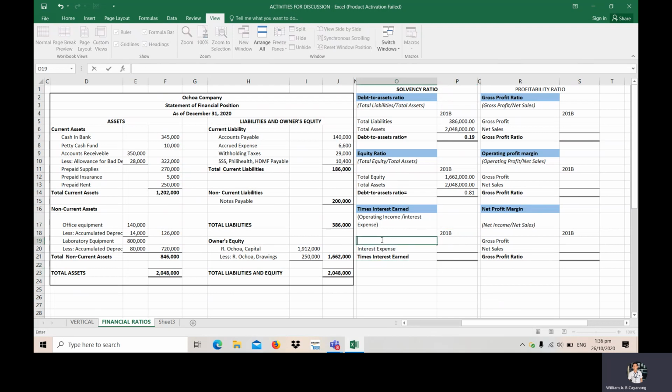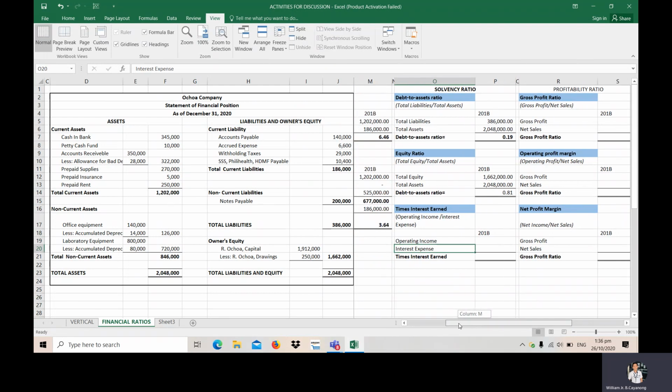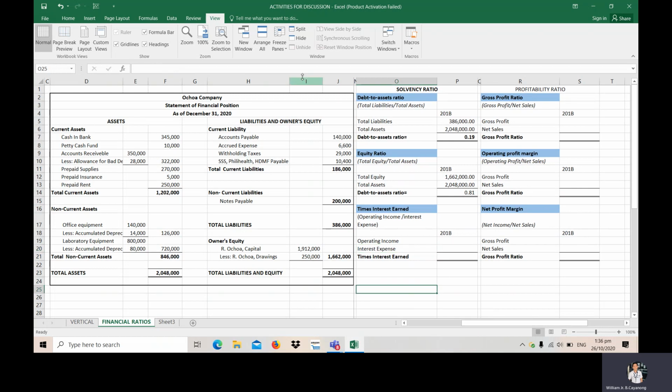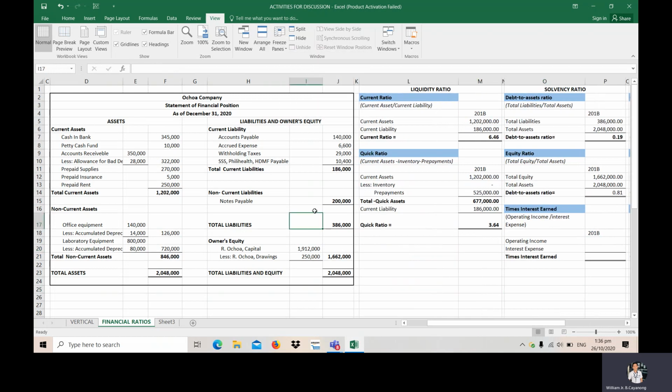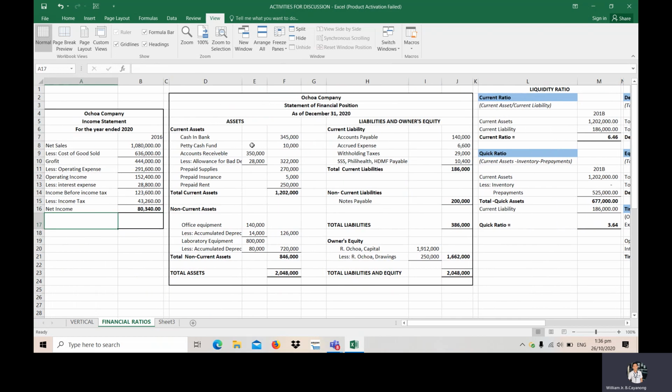We need our operating income here. So our operating income is, allow me to unfreeze it first. Our operating income can be found not on the balance sheet but on the income statement. So let's look for operating income.